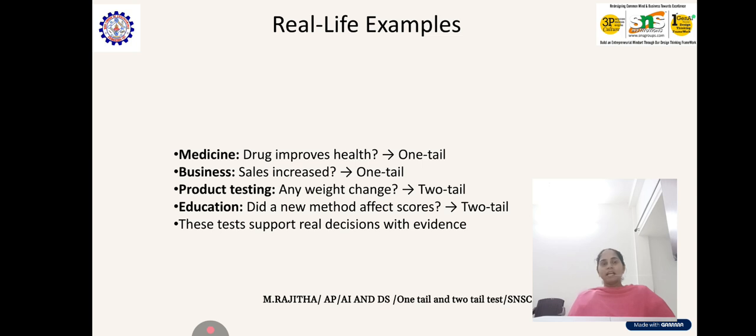These tests help make decisions based on evidence, reduce guesswork, and improve results. The correct use of hypothesis tests increases reliability and helps organizations make smarter decisions.